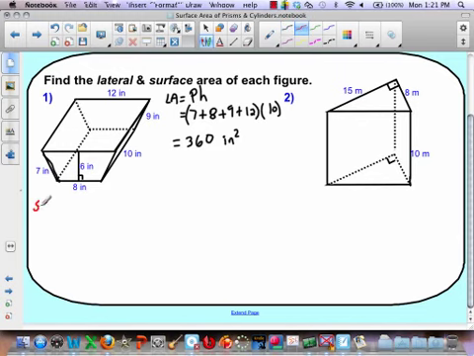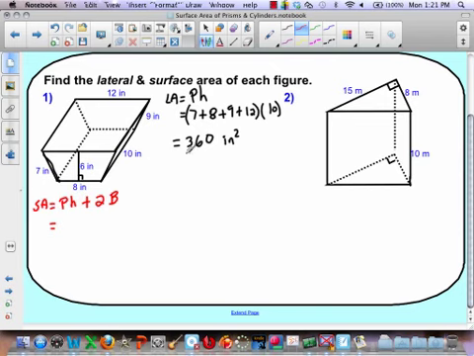Surface area is the perimeter of the base times the height plus 2 areas of my bases, correct? So are you following along on this? So, PH, what is my PH value?